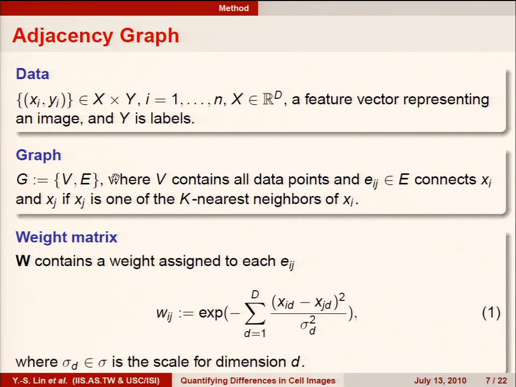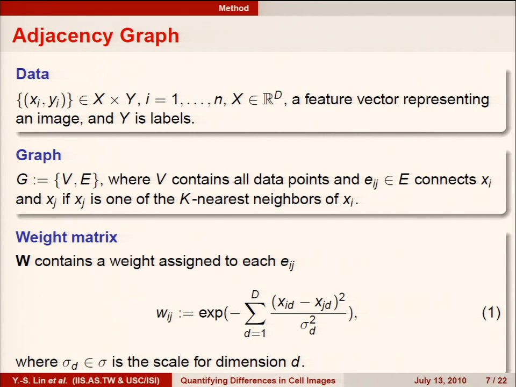Then for each link in the graph, we assign a weight using a radial basis function like this, with a sigma, a scale factor for each dimension.